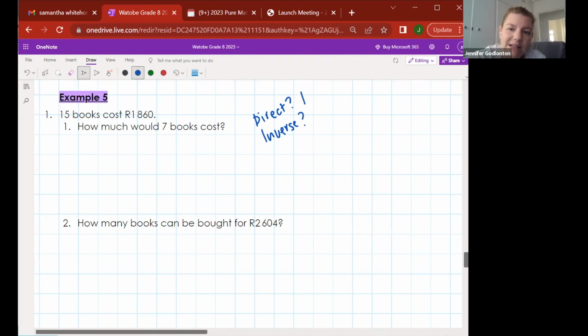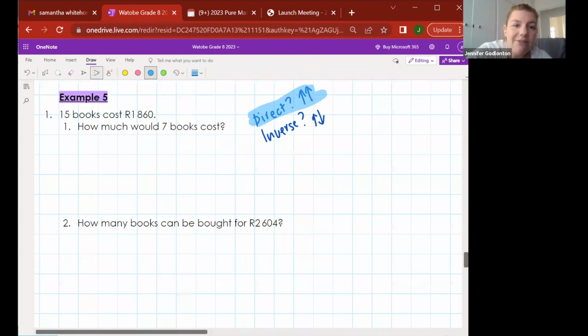Remember, direct means they both go up or they both go down, and inverse, one goes up, one goes down. So if I buy more books, would it cost more money? If I buy less books, would it cost less money? Nelson, 100%. It absolutely is direct proportion. And the reason it's direct is because if I buy more books, it will cost more money.